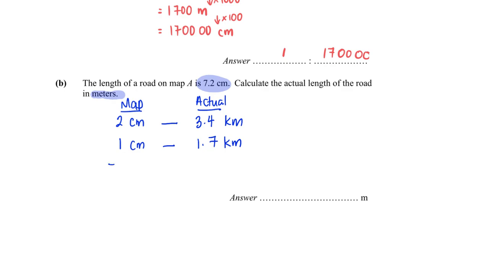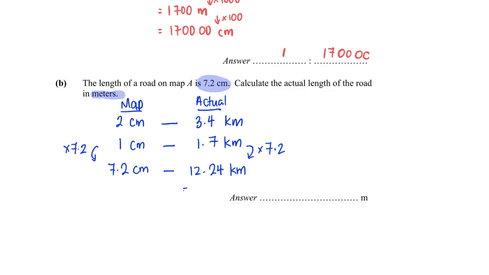And then 7.2 cm, so I know times 7.2. So 1.7 times 7.2 will give me 12.24 kilometers. But that's not what they want us to leave our answer in.